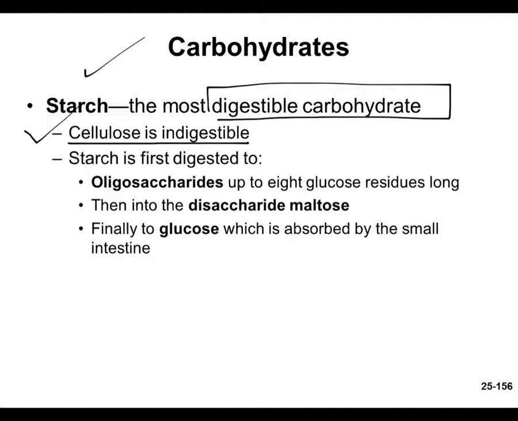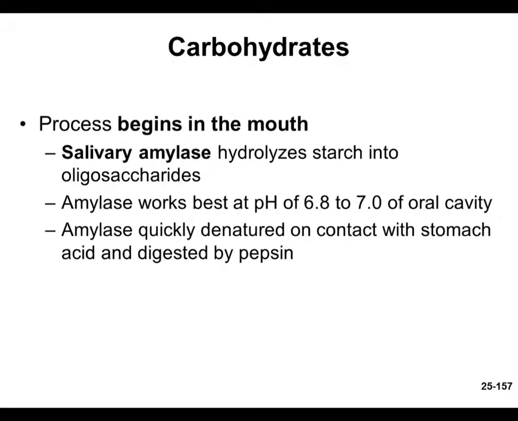Now, the starch is a long chain of glucose molecules. So eventually, as starches are broken down, we are able to release glucose. Carbohydrates, starches, first start getting broken down in the oral cavity by amylase. Amylase is the enzyme that breaks down starch, and there are amylases released by your salivary glands.